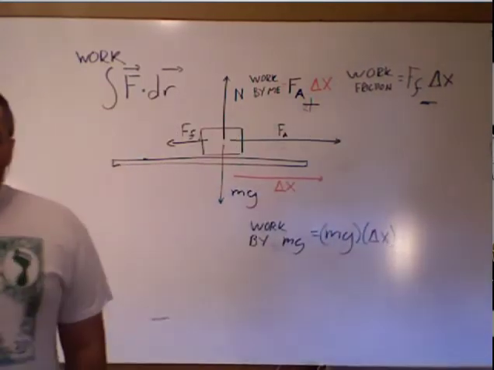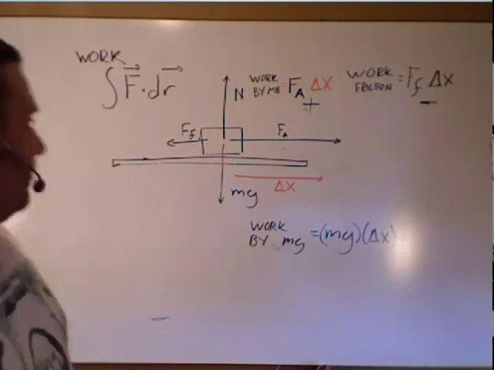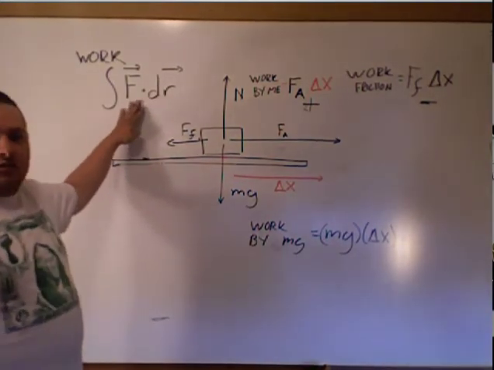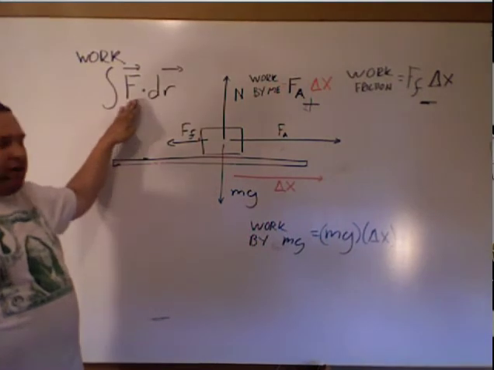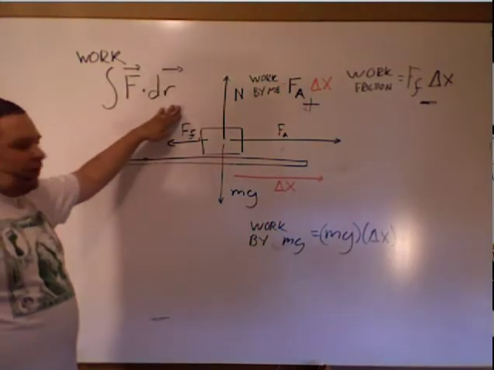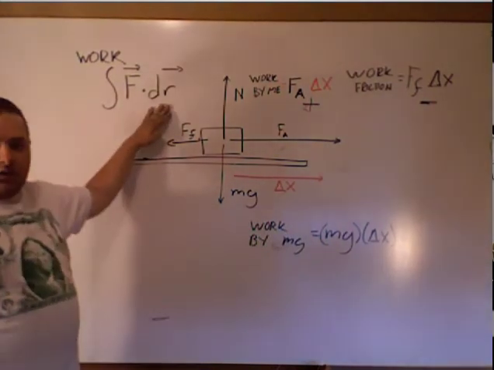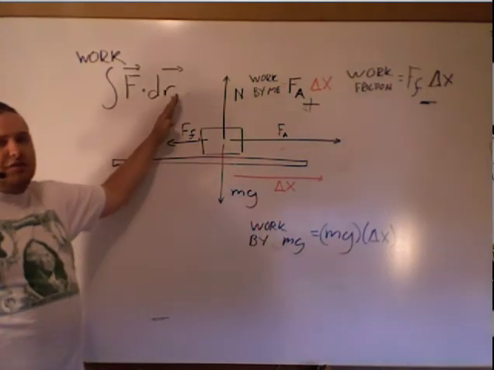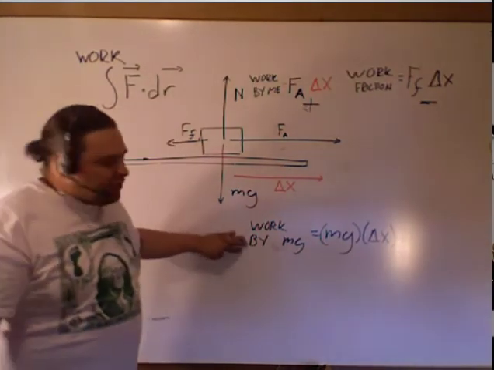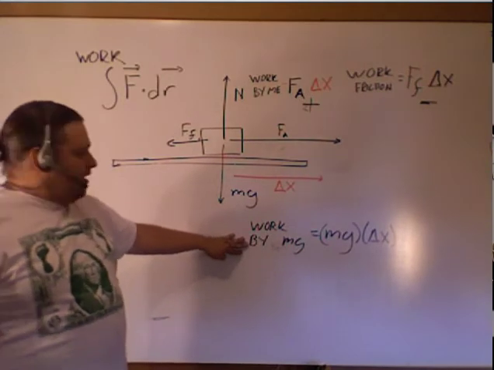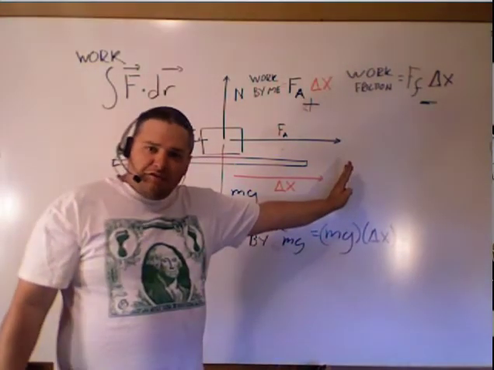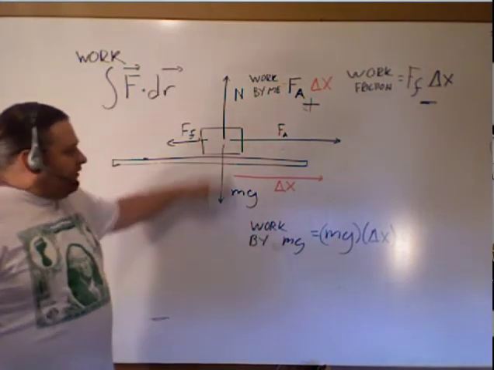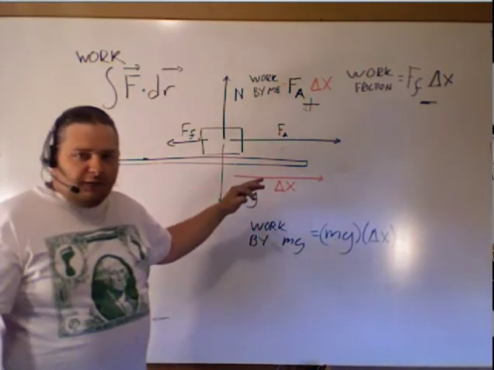But this is where the dot product comes into play. This F dot dr is referring to all the forces that are in the direction of that displacement. So when I do the multiplication, I have to keep track of only the forces that are in the direction of that displacement. The displacement is in this direction, so this gravitational force is not doing any work.